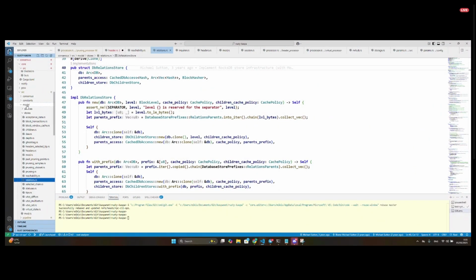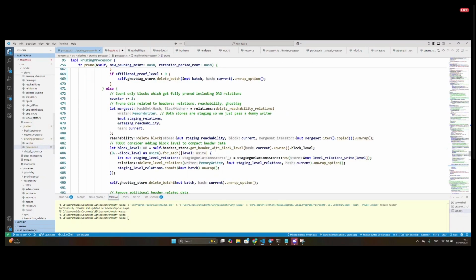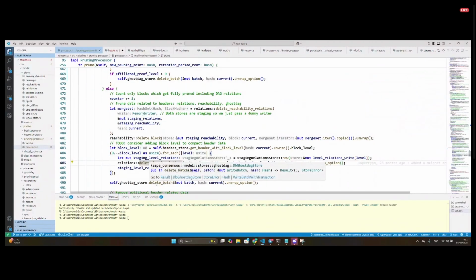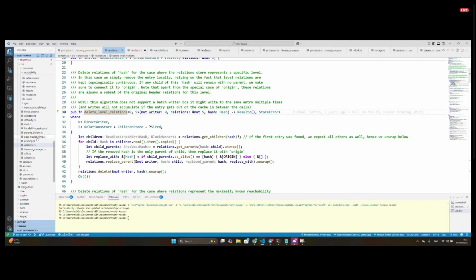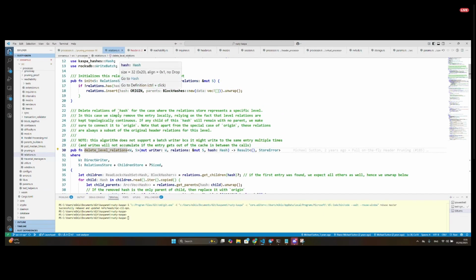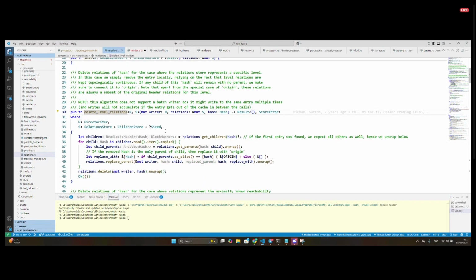And the other place where I touched on this, these relations, there's also under processes relations, a few deletion algorithms, which are also like reachability.